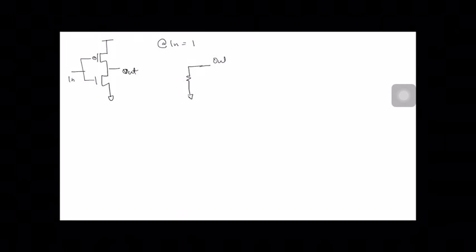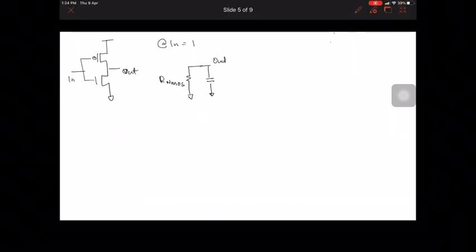The output is connected to the ground. This is the R of the NMOS. The current is flowing down, right?